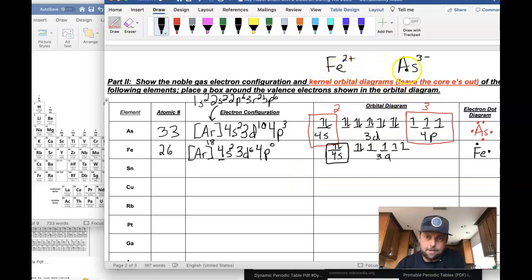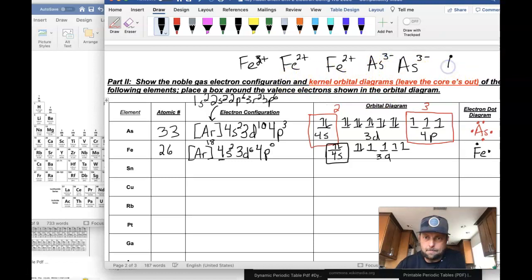There is going to be some sharing that we talk about later, but to kind of see where we're going, if I took iron and arsenic and put them into a compound, it ends up being a neutral compound if we have 3 iron plus 2 ions, or what we call the iron 2 ions. If we have 3 of these and 2 arsenic ions, it looks like we have a +6 and a -6.